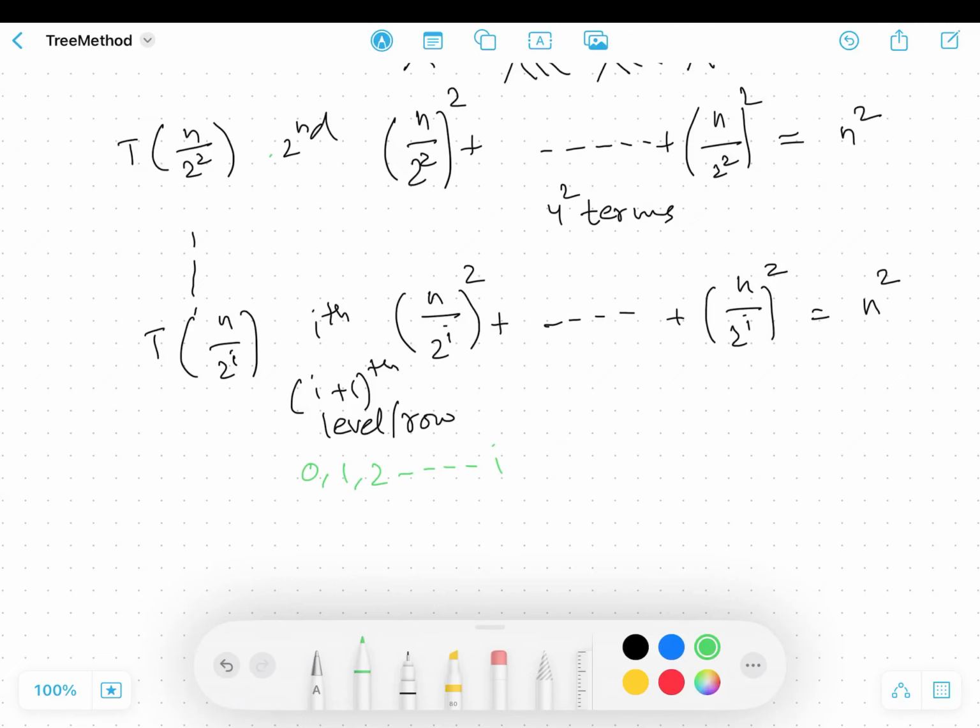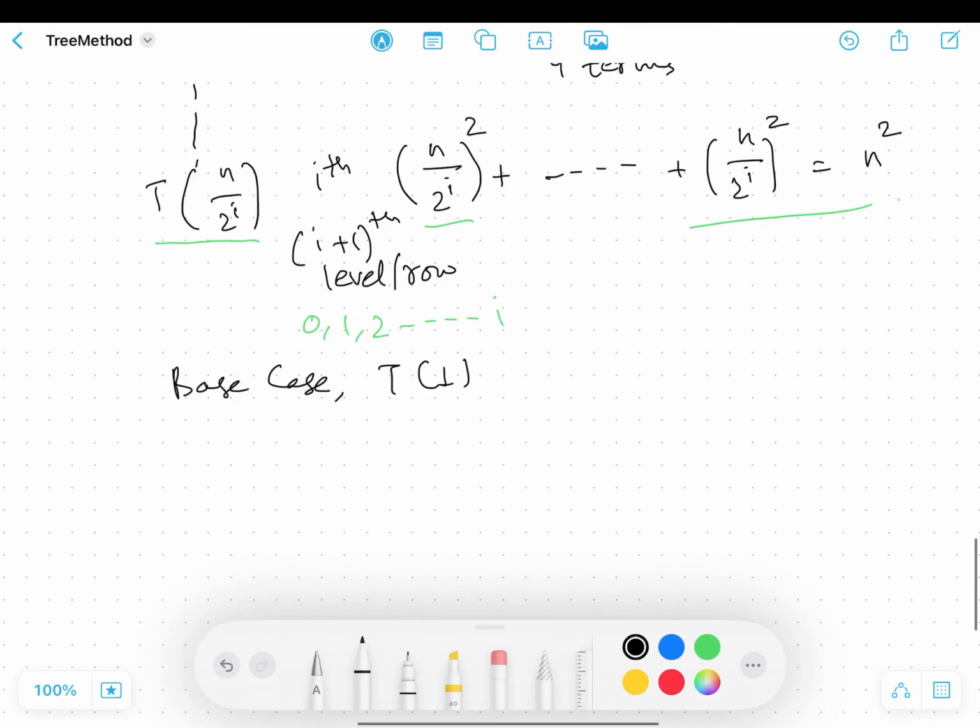So this means our last level should be where the problem size should be 1, which is the base case. And so n upon 2 raised to the power I should be 1, or I should be log base 2 n, right?